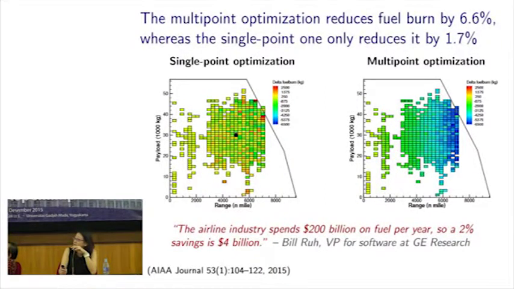The multi-point optimization consistently reduces fuel burn at all representative flight missions. When we look at the aggregate fuel burn reduction, the single point only reduced it by less than 2%, whereas the multi-point reduces it by almost 7%. In terms of monetary value, it is about billions of dollars, so we can save a significant amount of money by doing so.